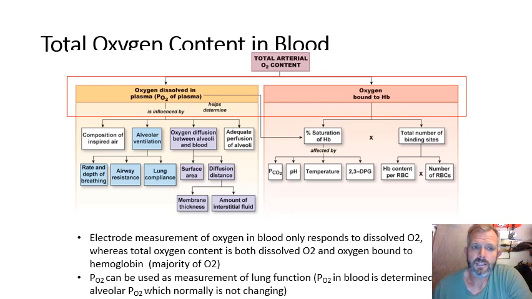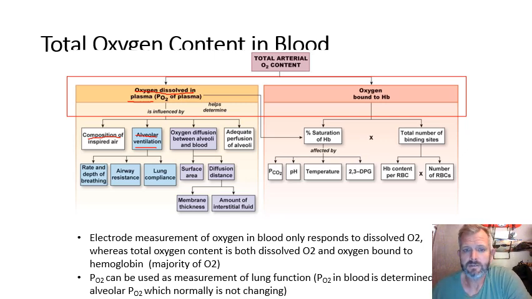And so when we look at the total oxygen content in the blood, there's the oxygen dissolved in plasma. But again, remember, that is small, but it's going to be controlled by how much oxygen is in the air. More oxygen in the air, usually at lower elevations compared to altitude, will allow more oxygen in. Also how much ventilation we're doing: deeper, higher ventilation, we're going to be able to dissolve more oxygen in.